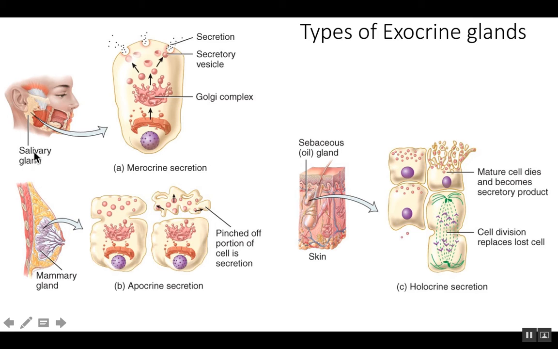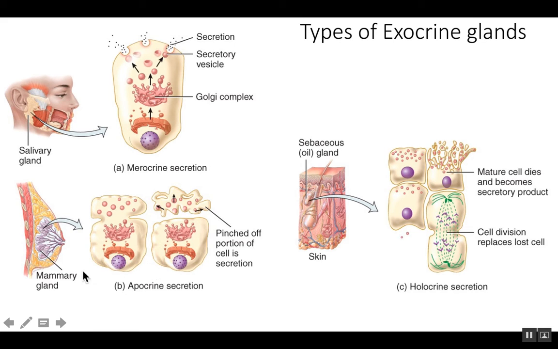An example is salivary glands. Saliva is produced inside of the cell using the ER and Golgi, and it is exocytosed into the duct that will then deliver that saliva to the mouth. Okay, so exocytosis, delivery using a duct.